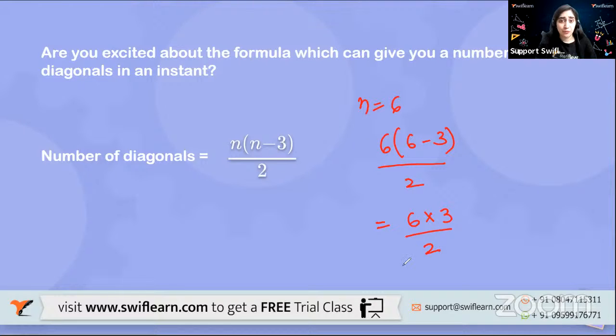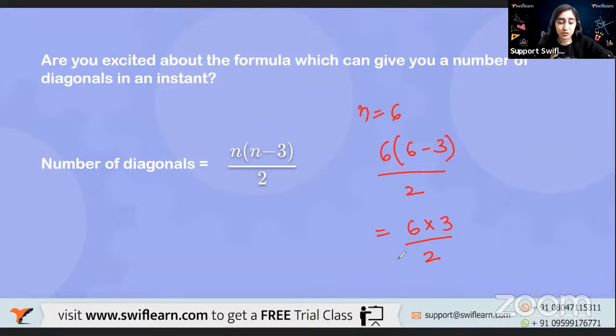Now, when I divide 6 by 2, it comes out to be 3, and 3 into 3 is 9, right? So by this, we were able to calculate that the picture has 9 diagonals. All right. I hope now you can understand how we are doing it.